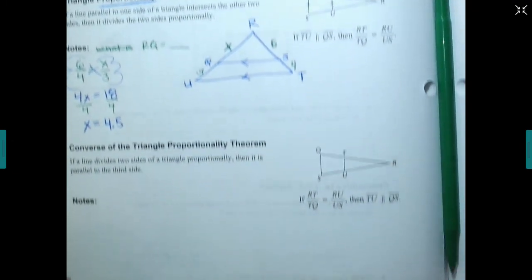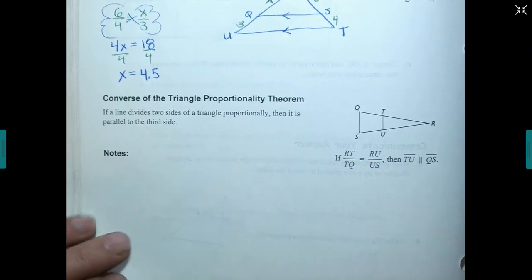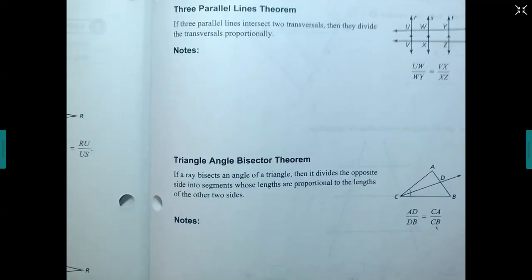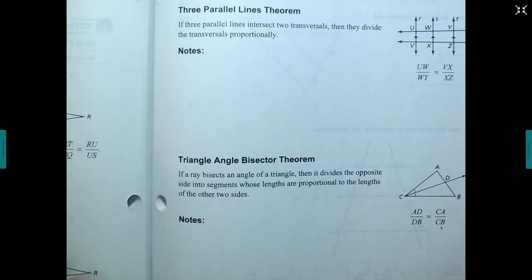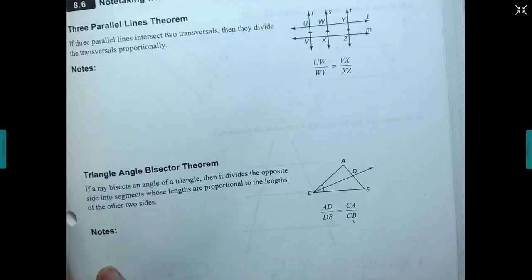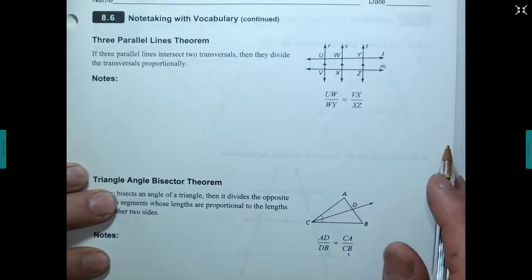Number 2, converse. We already know converse is the same thing, just backwards. So I'm good with that. So let's roll on over here to this crazy one. The 3 parallel lines theorem. What? Seriously? No, really, it's actually not that difficult.